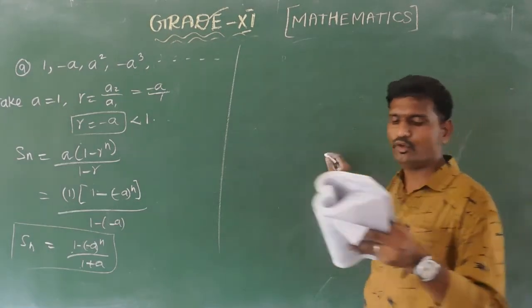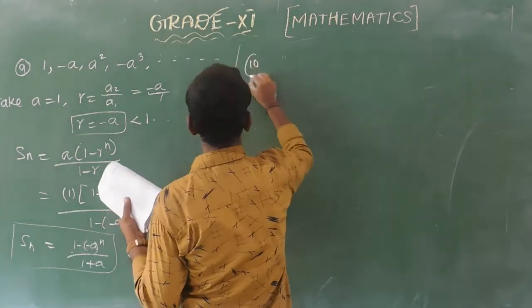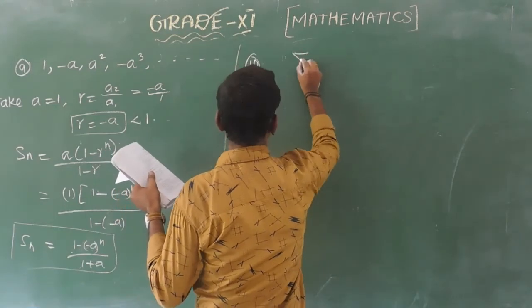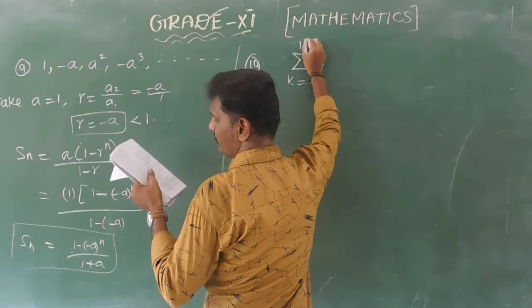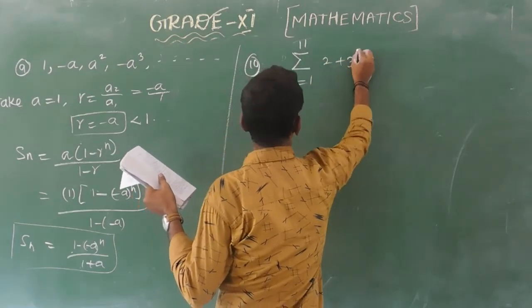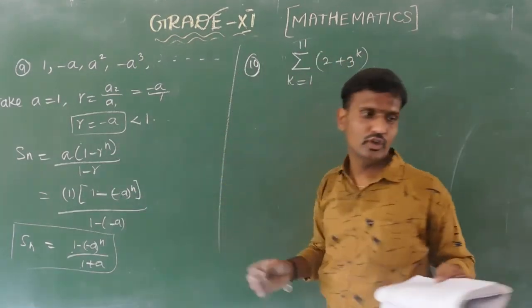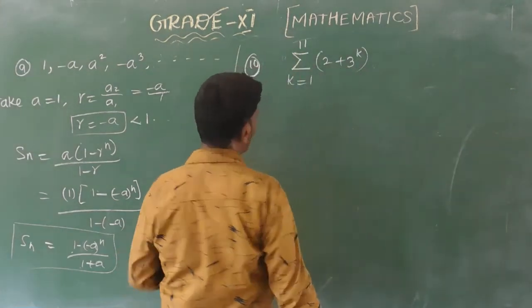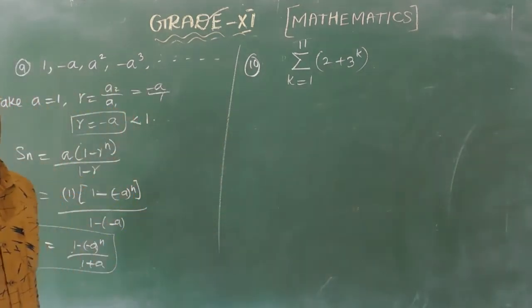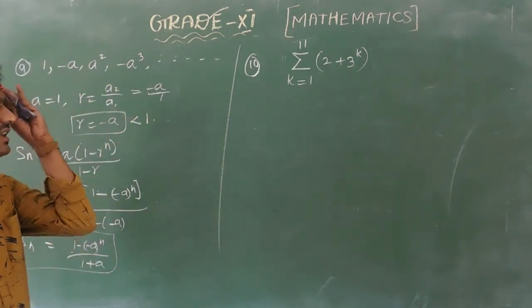Evaluate using the summation: summation k equal to 1 to 11 of 2 plus 3 power k. So do you know the name of the symbol? Summation. So summation k equal to 1 to 11, 2 plus 3 power k.